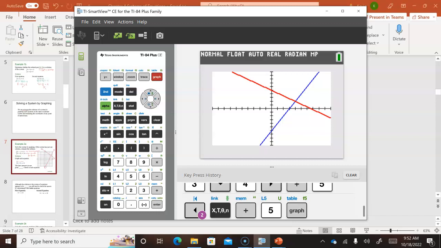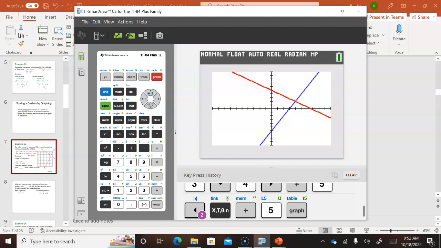So looking at our graph, where does it look like our two lines are intersecting? What point? 4, 2. Okay, looks like 4, 2. Right here, we count over 1, 2, 3, 4 to the right, and it looks like it's up 2.